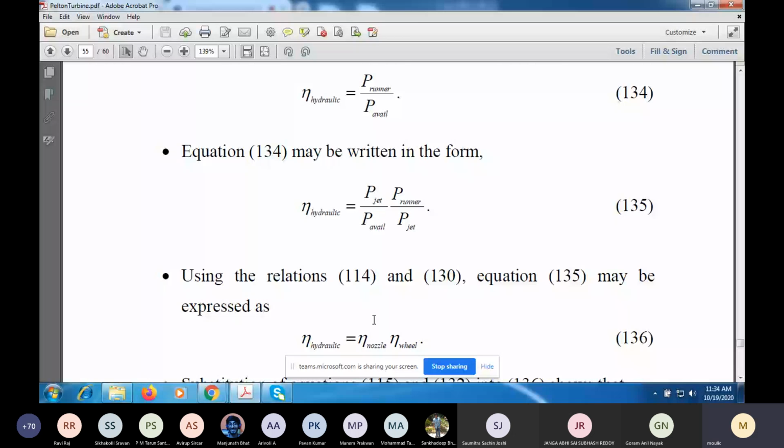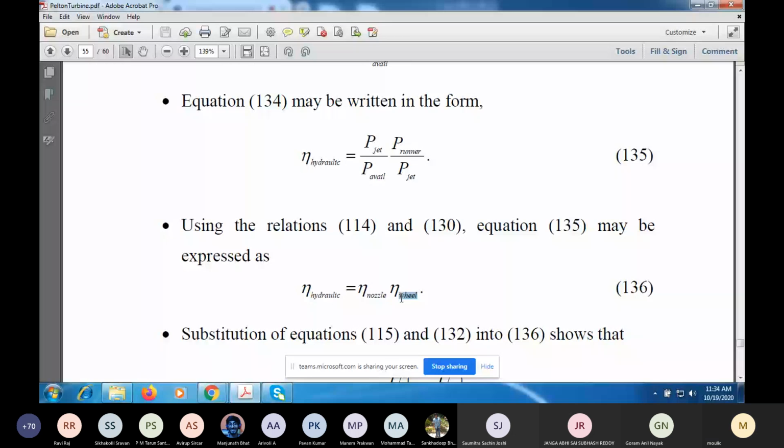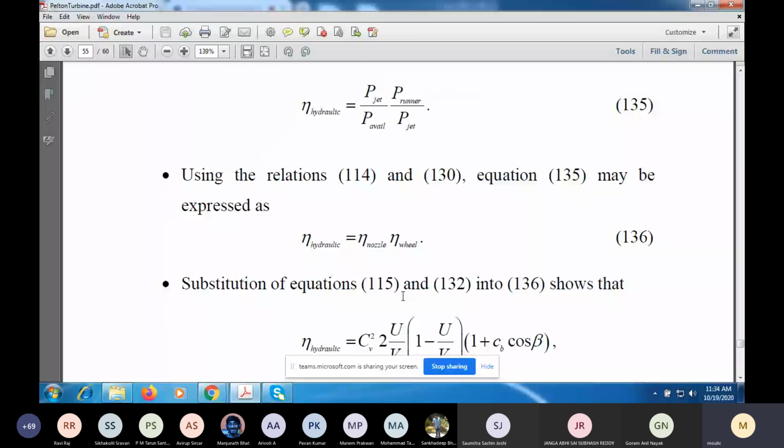And this we have defined as the efficiency of energy conversion by the wheel. The wheel is getting energy in the form of kinetic energy of the jet, but all of it cannot be converted to kinetic energy of the rotor. So this ratio we have defined as eta wheel. So you can see that eta hydraulic is eta nozzle into eta wheel.